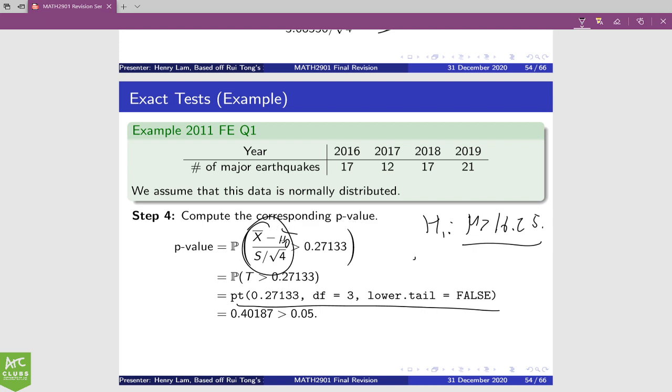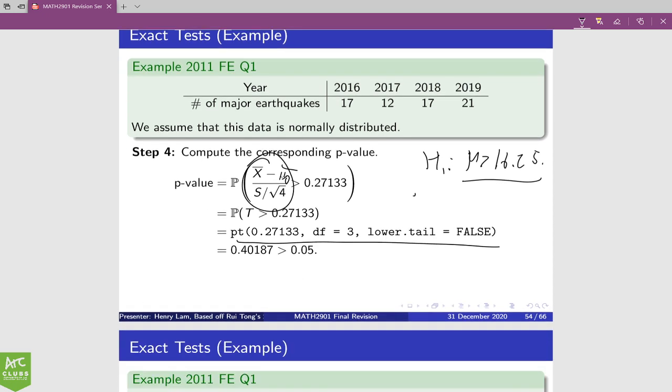So we want to figure out the probability. What is the probability that our statistic would be beyond our observed value?